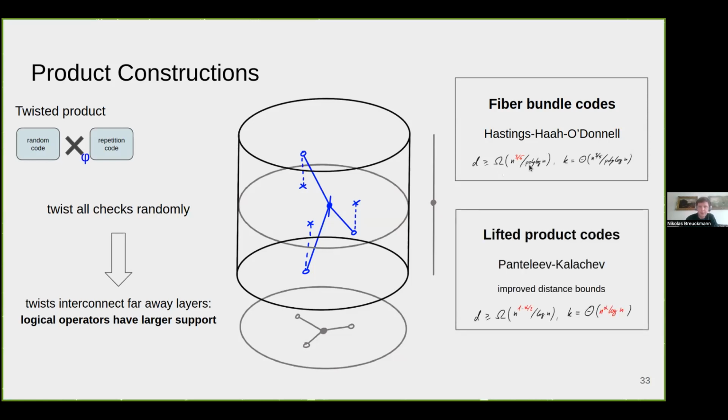And this was improved upon by Panteleev and Kalachev, who first gave a very clever new distance bound, and then exploited this to obtain another randomized construction where they essentially obtain almost linear distance scaling. But again, these are randomized constructions, so these bounds hold with high probability only.